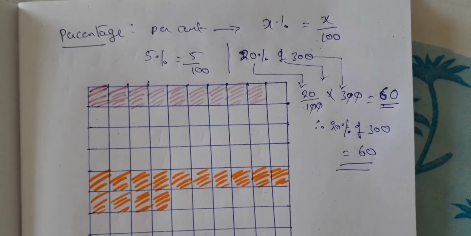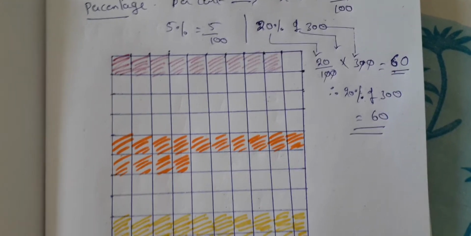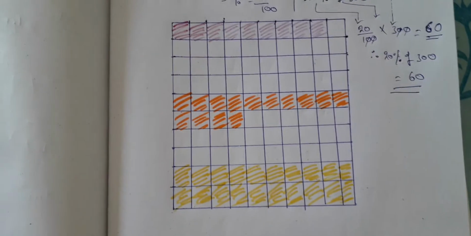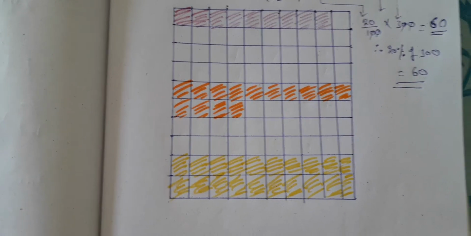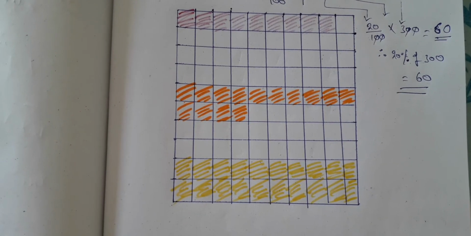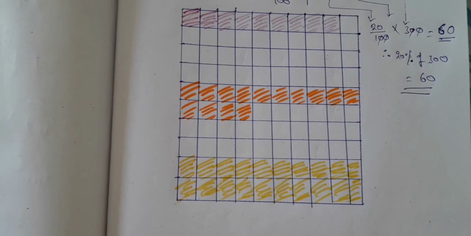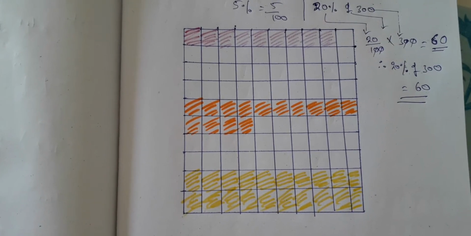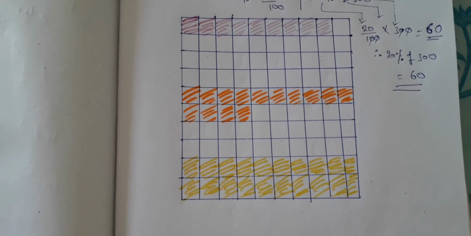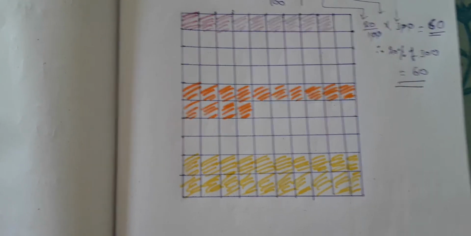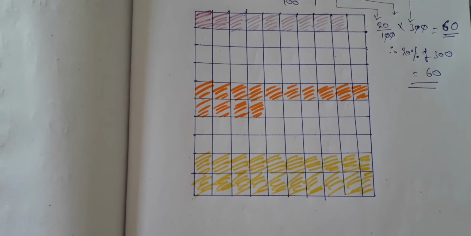Okay, right. In the broad perspective, let us see. Here I have a table. It is a 10 by 10 table, that means 100 squares are there in this. Now in the 100 squares, there are three particular colors filling the squares.